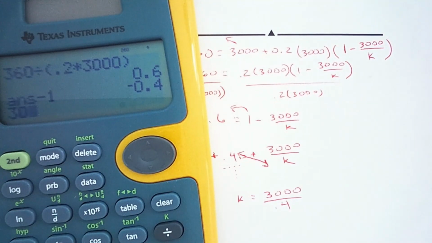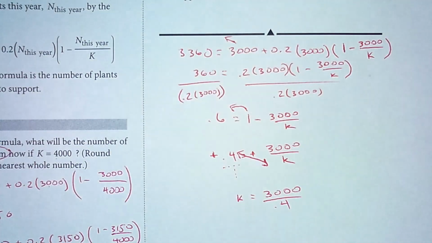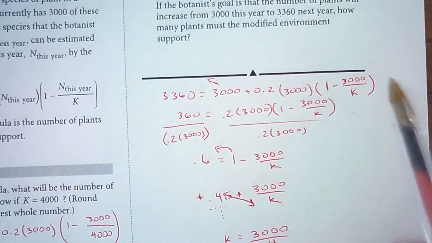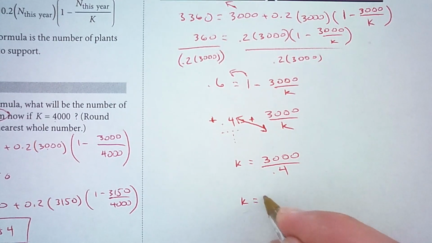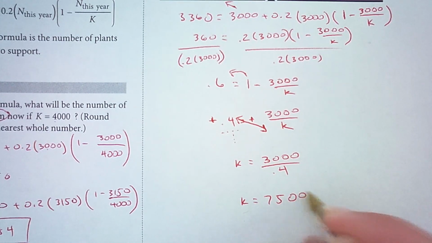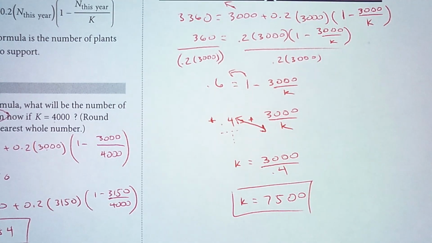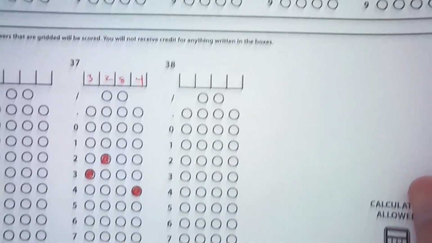So we have 3,000 divided by 0.4, and that is 7,500. So the value of K, in order to have 3,360 plants next year, is going to have to be 7,500. And this is a gridded response, so for my grid, I'll put in 7,500.